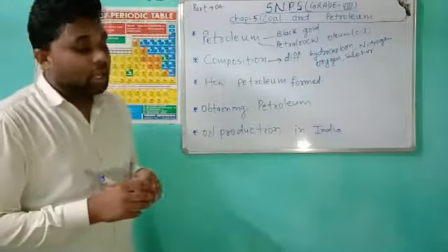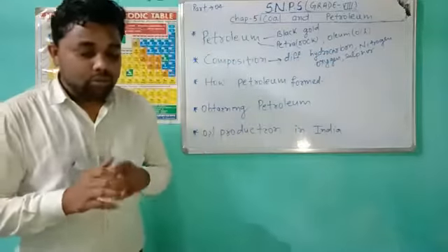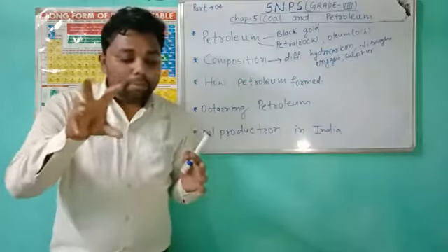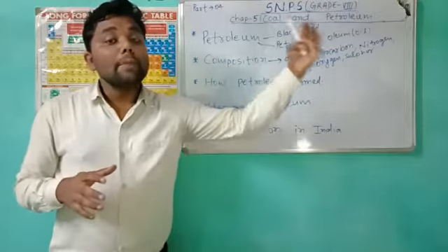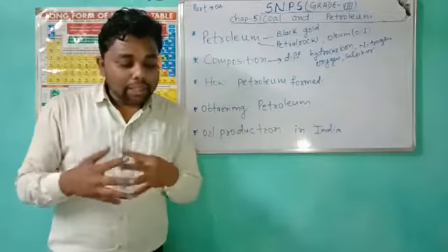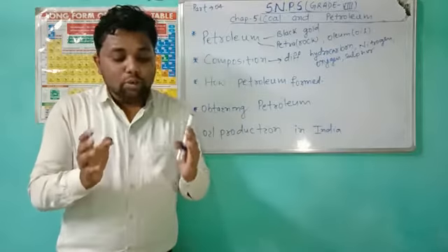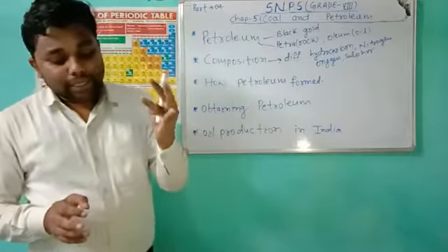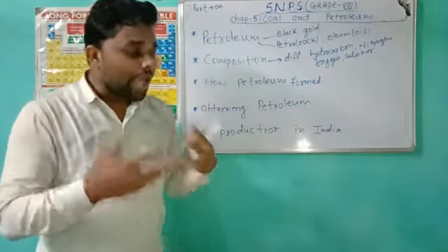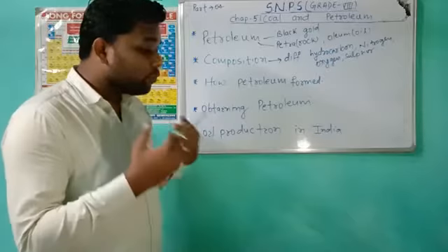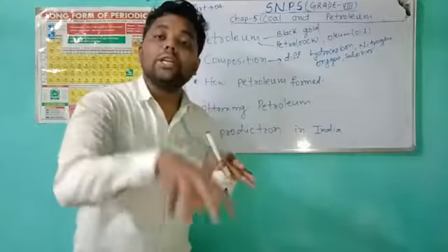The next is how we obtain petroleum. Petroleum occurs deep inside the earth between the layers of impervious rock, as I told you, and that rock is mixed with water, sand, salt, and their compounds. If we want to get petroleum from that impervious rock, we have to drill.